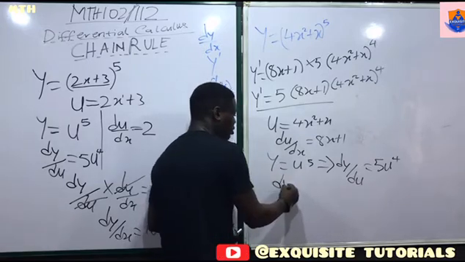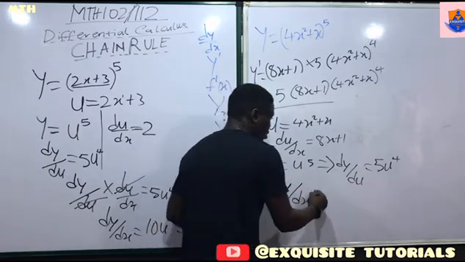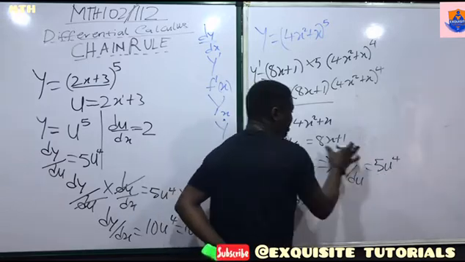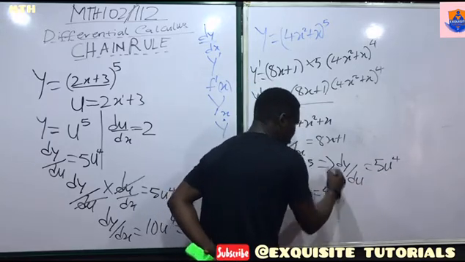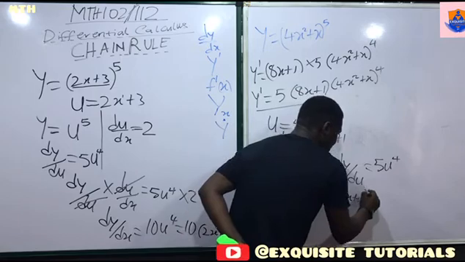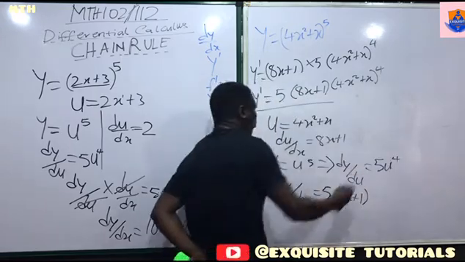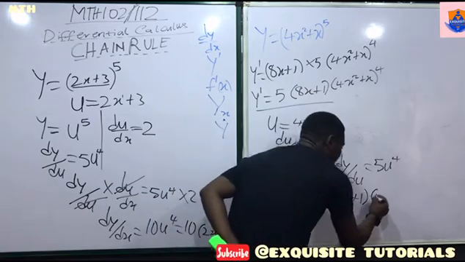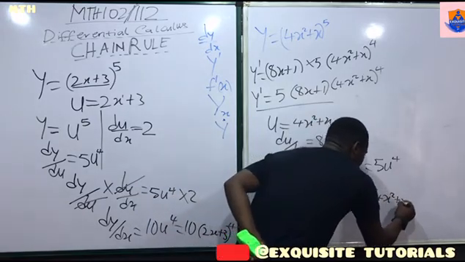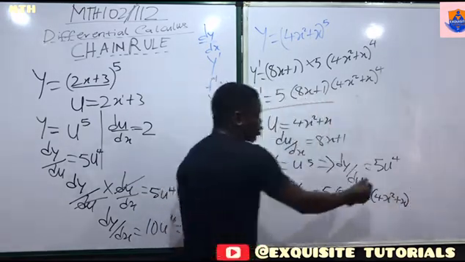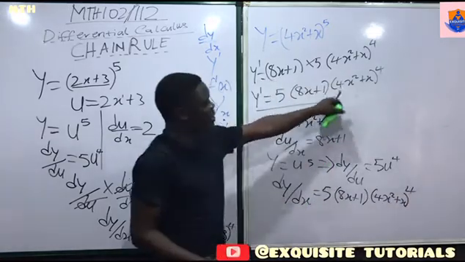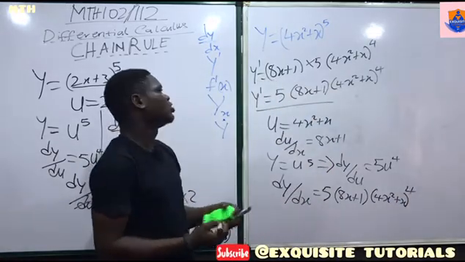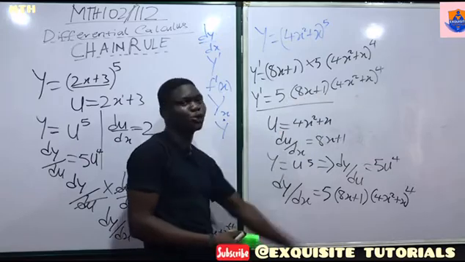So dy over dx equals 5 times 8x plus 1, then u raised to power 4. Remember u is 4x squared plus x, so we have 4x squared plus x raised to power 4. Can't you see we had the same answer? So it's faster when you jump all these steps and go straight to the point.